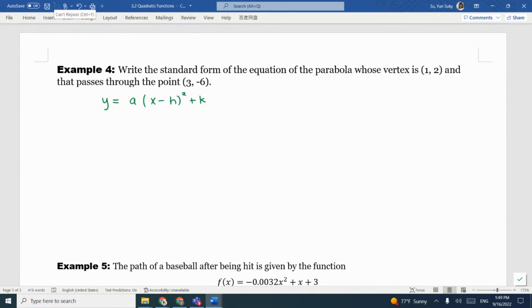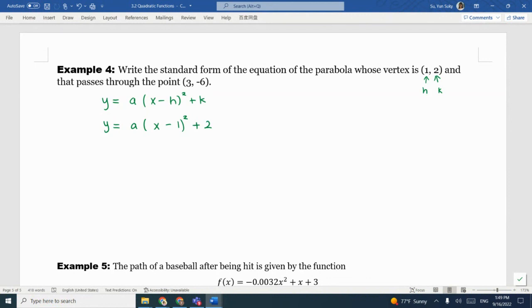Now we know the vertex is 1 and 2. Which one is h? 1 is h, 2 is k, right? So we plug in. So y equals a times (x minus 1) squared plus 2.